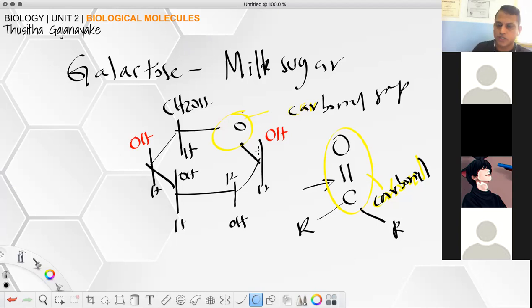D glucose and L glucose are different isomers. But mostly, looking at the content we have to learn, we are not going into too much bonding and the different levels of the glucose molecules.